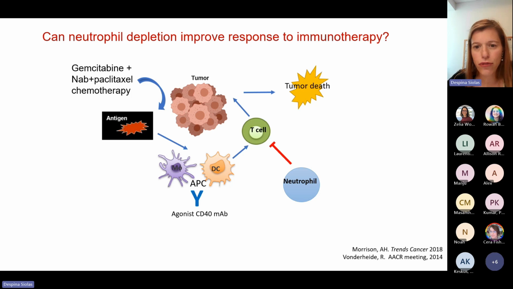Just to give you background, the idea behind this kind of chemoimmunotherapy regimen is that the CD40 antibody is thought to activate antigen-presenting cells that can elicit an immune response from T cells using tumor antigens that were released by chemotherapy-mediated cell destruction. So being that neutrophils suppress T cell function and proliferation, if we wipe out neutrophils or deplete them, would this be able to augment the therapeutic efficacy of this regimen?